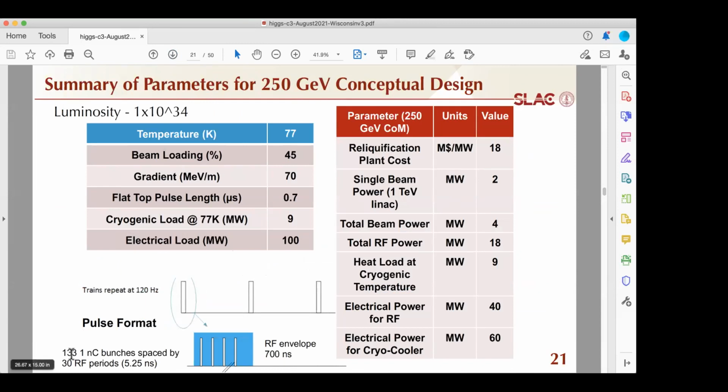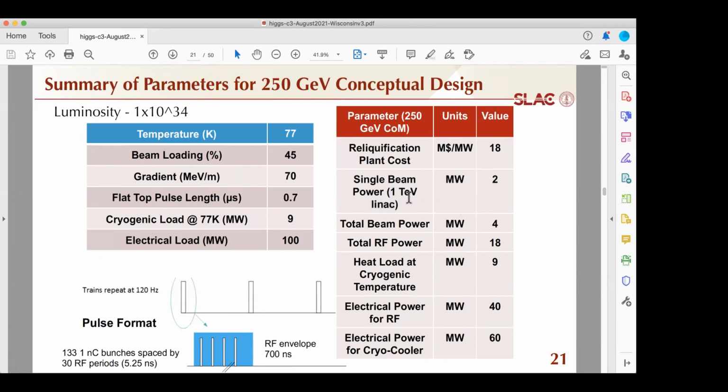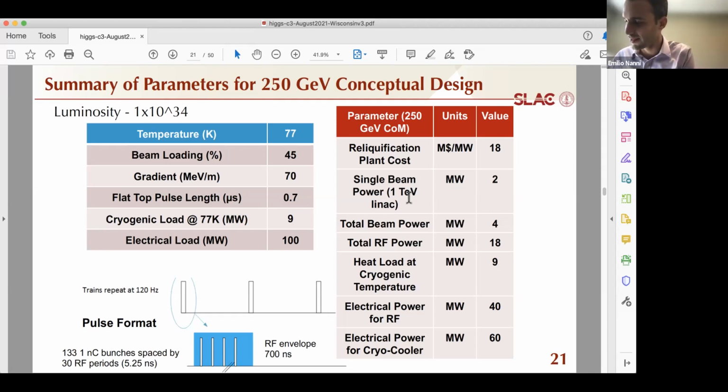Oh, here, I'm sorry. 133 1-nanocoulomb bunches over 700 nanoseconds for 2 megawatts of single beam power. Oh, I'm sorry, I have a typo here. I'll change this in the slides before I send them out. That's for 125 GeV. Yeah, no, I can understand. You did it in such a quick period of time, from a TeV to 250 GeV center of mass. So there are some things there.